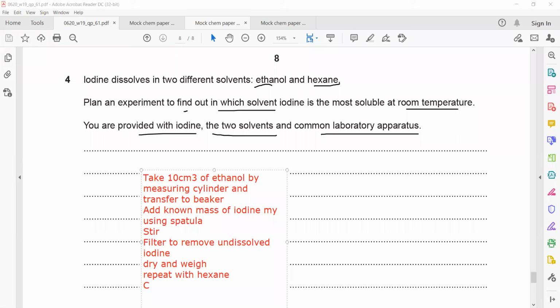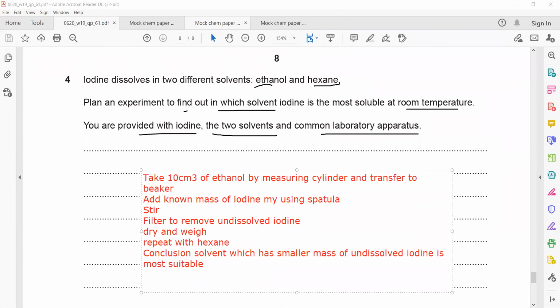The conclusion, yeah, you can mention smaller mass of residue. You can mention that as well.